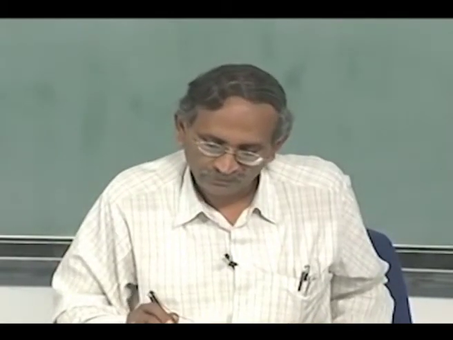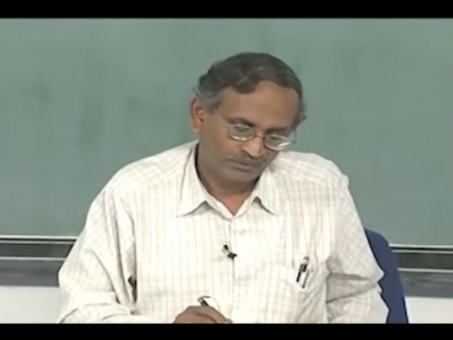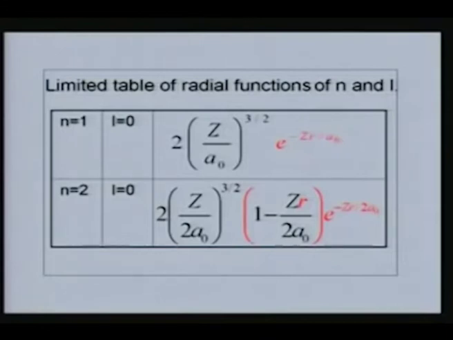So, given all this hierarchy of equations and the results, now let me look at the radial part first, then we will look at the angular part, and then we will go to the angular part with the phi part. The radial solution for n equal to 1 and L equal to 0 has, of course, the charge and a naught, the Bohr radius, to the power 3 by 2.